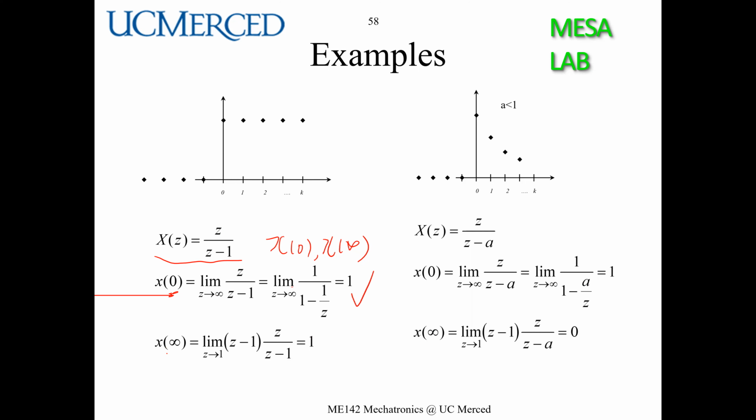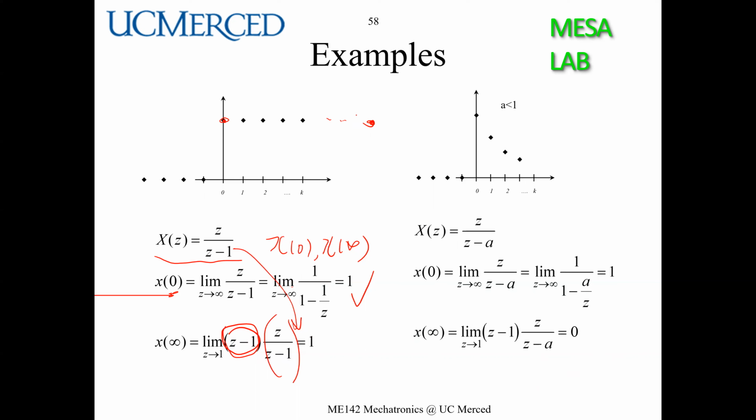For the final value, you need this term multiplied by this thing so that it comes out; you send z to 1, it's still 1. So initial value is 1, final value is also 1. So it's a straight line.